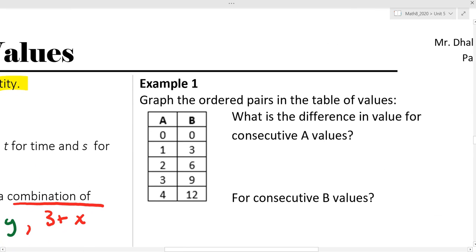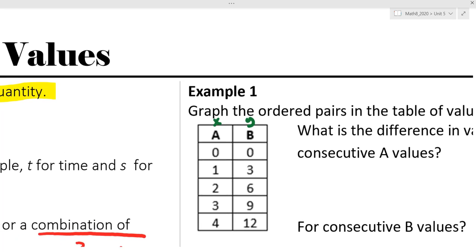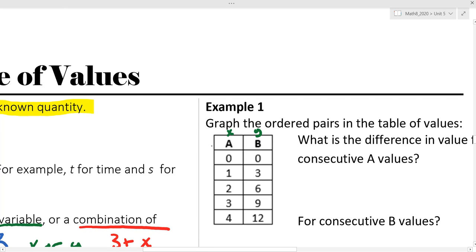First question is, what is the difference value in A's? Remember, this is like the x column and the y column. For the A's, how is it changing from the first point to the second point to the third point? Yes, Lachlan, it's just going up by 1. That's consistent all the way through.